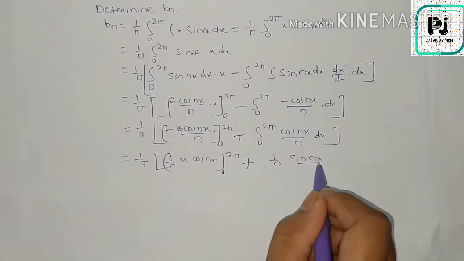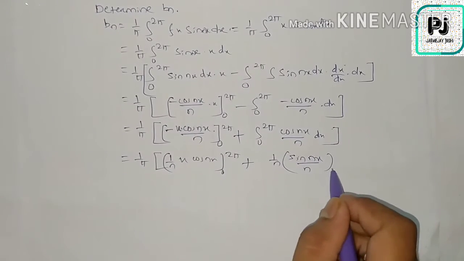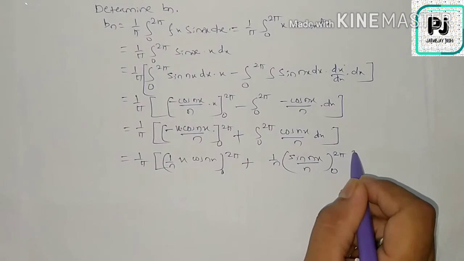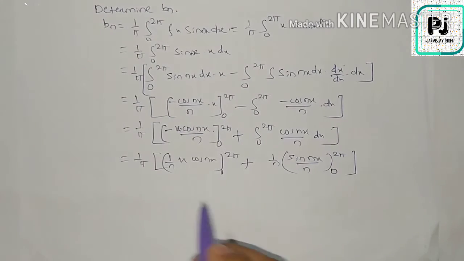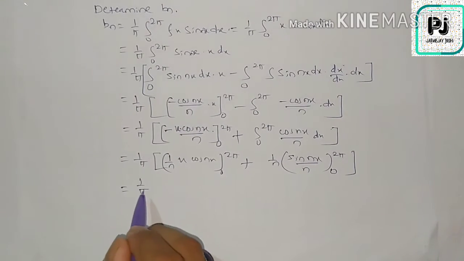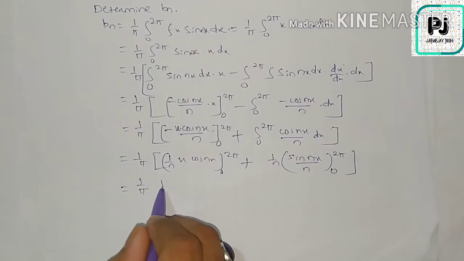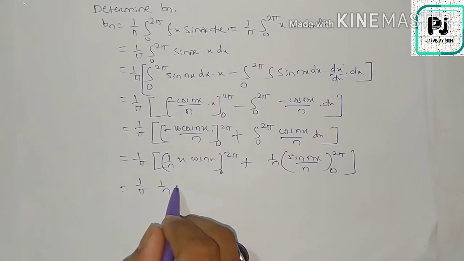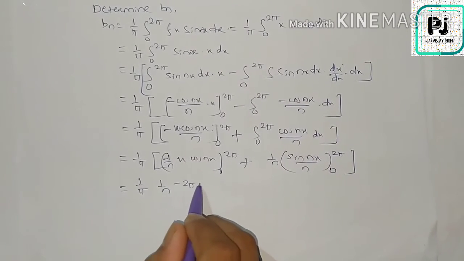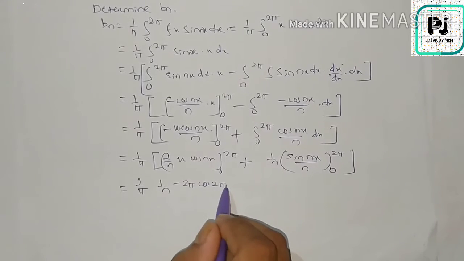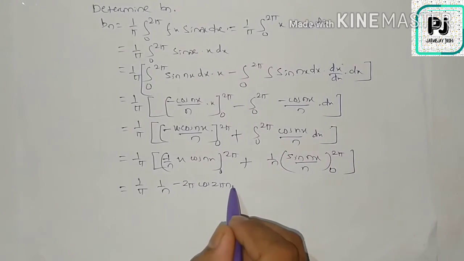Now sin nx divided by n, 0 to 2 pi. Okay, so now 1 by pi, 1 by n, 2 minus 2 pi n cos 2 pi n, that value.